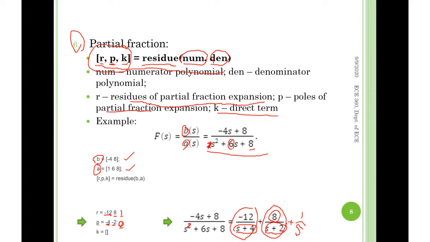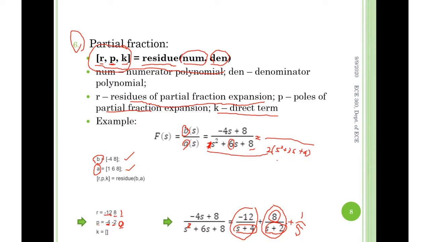No. If you have 2 here, guys, be very careful. If you have 2 here, you can put 2 out in the denominator. That leaves 2 times parentheses S squared plus 3S plus 4, right? And then John's concern is what we do in this case.